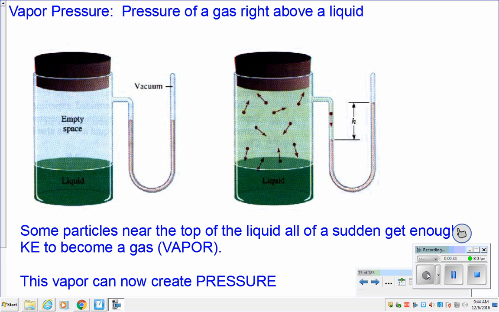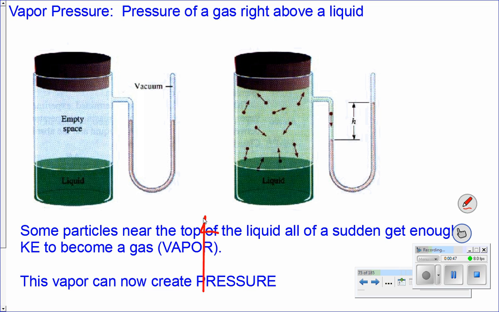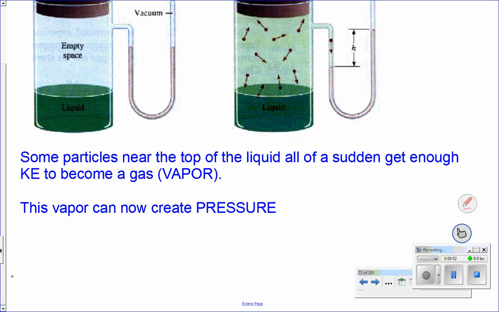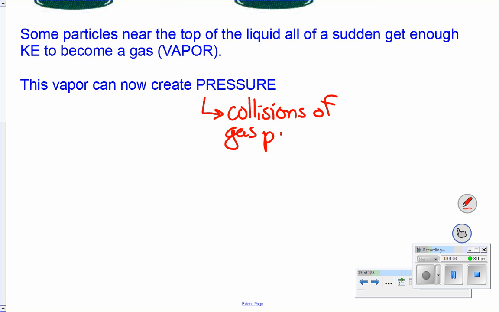Vapor behavior has some similarities with regular old gas behavior. Keep in mind that when we talk about pressure, pressure is referring to collisions of gas particles with the sides of a container.